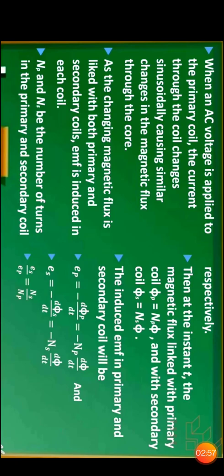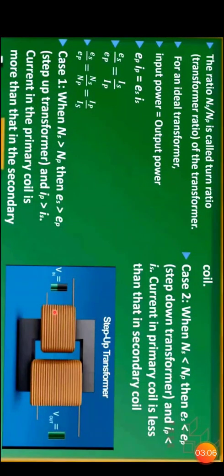Then we get the equation es upon ep is equal to Ns upon Np. The ratio Ns upon Np is called the turn ratio, also called the transformer ratio of the transformer.